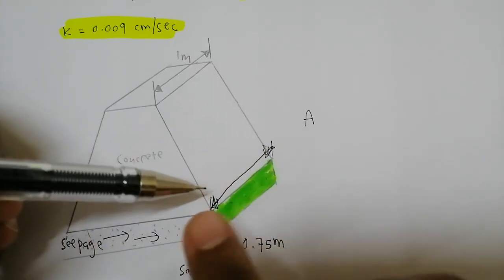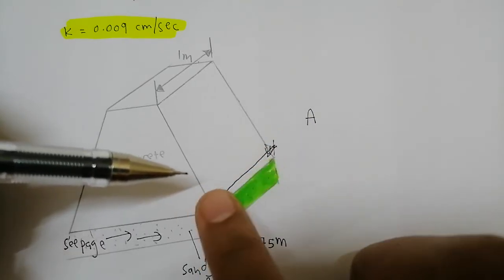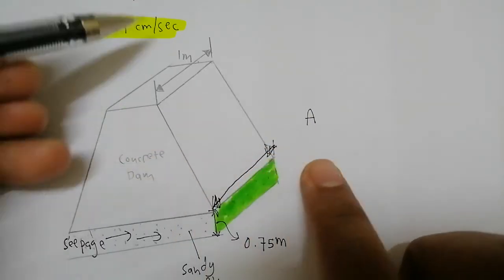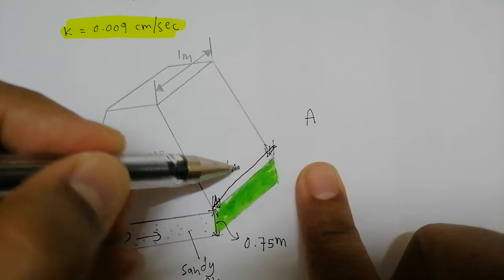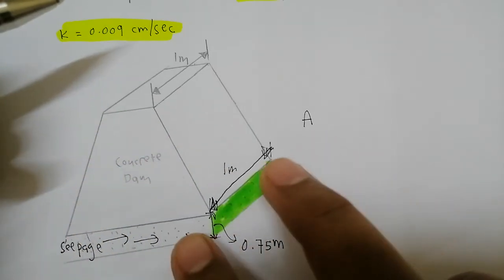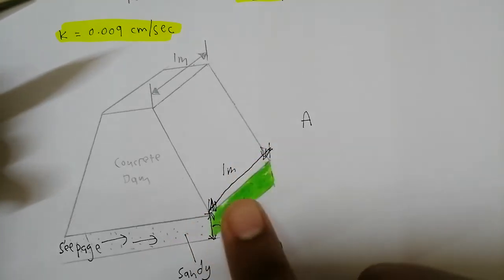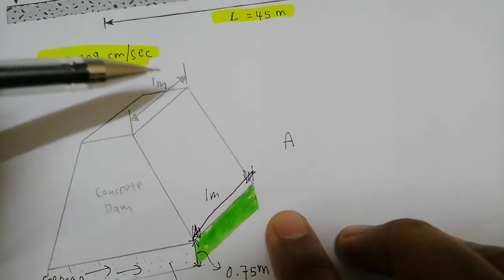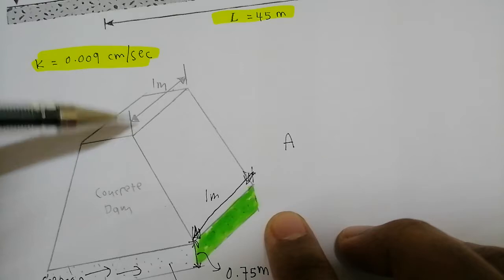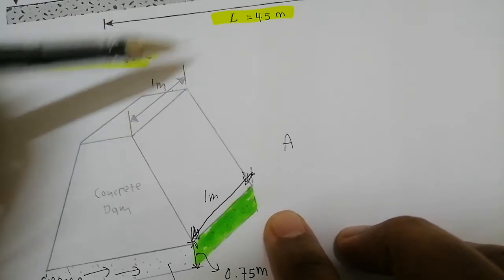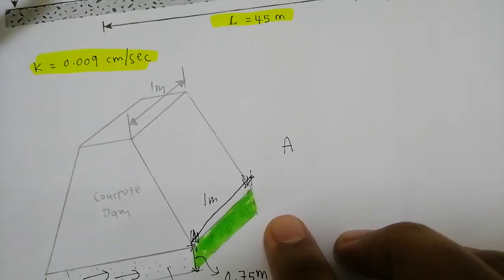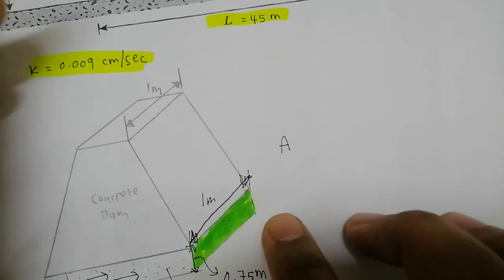For your information, the length of this side is always 1 meter, because we want to know the seepage at every 1 meter into the dam.